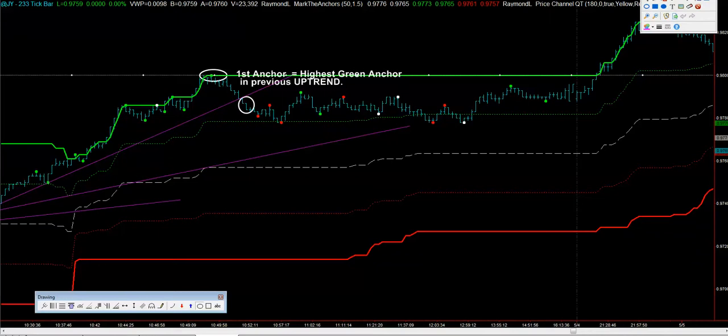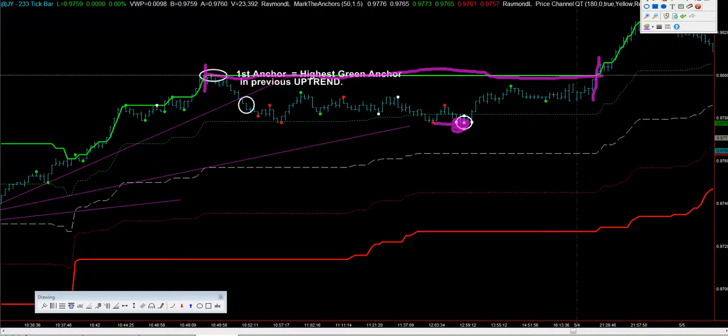In this case, the previous trend line was actually a horizontal one, and there's your mark. The trend line that we're looking at is the one there. And this point here is the lowest anchor, in this case red, although it's marked white, it's the same as that red one. It's the lowest anchor between that point and this point, which is the previous trend line.